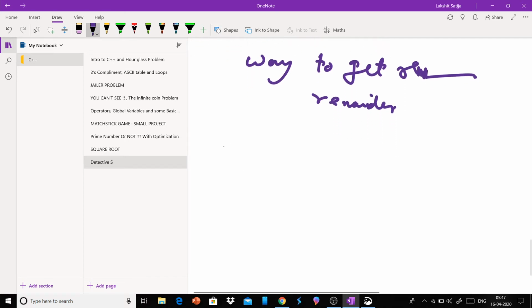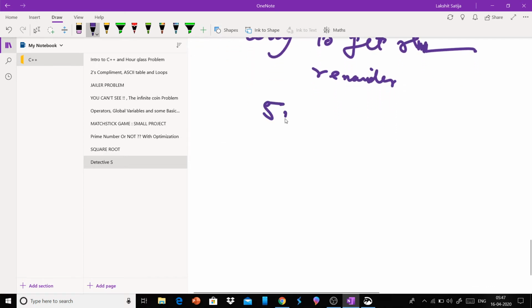Let me discuss. Suppose 5 mod 2 is equivalent to 1, right? We get the remainder as output.